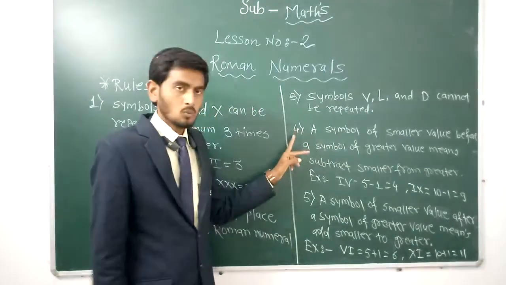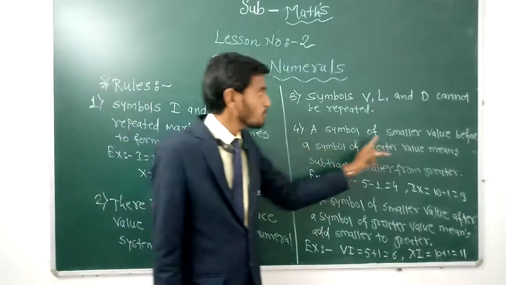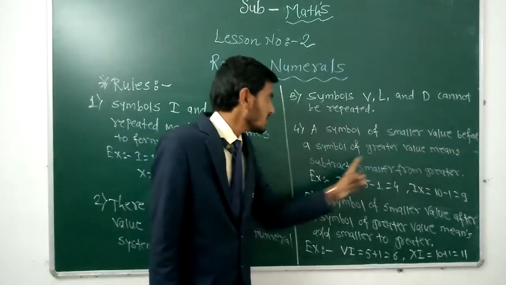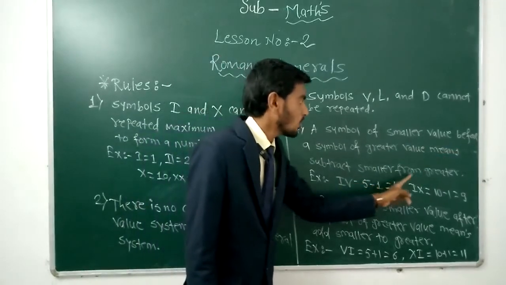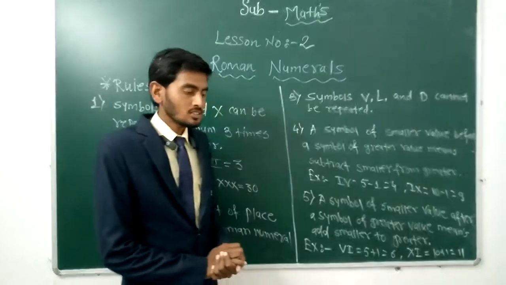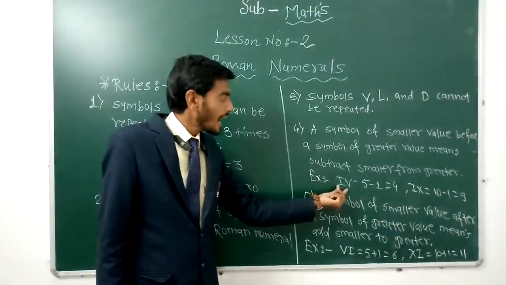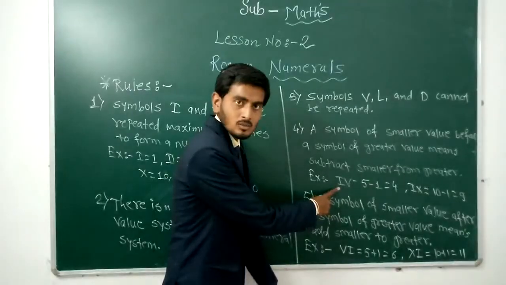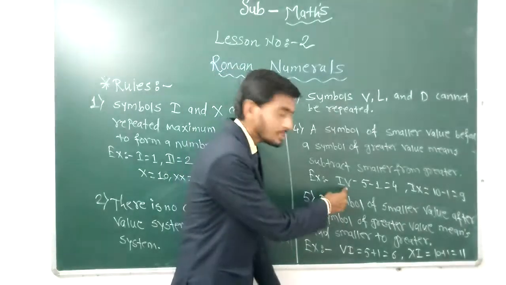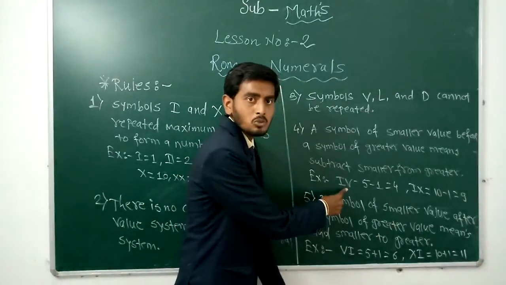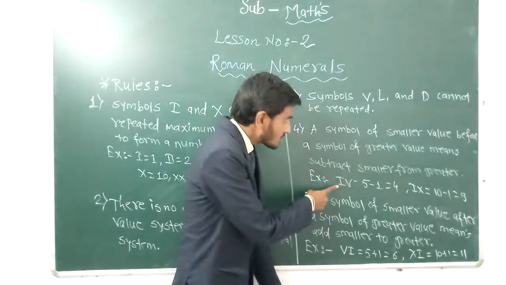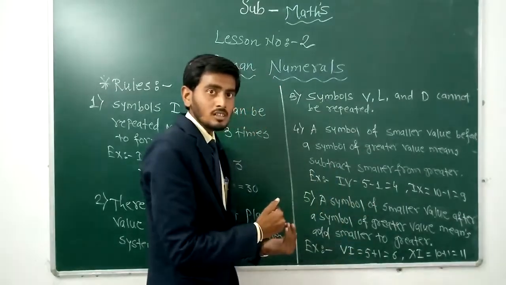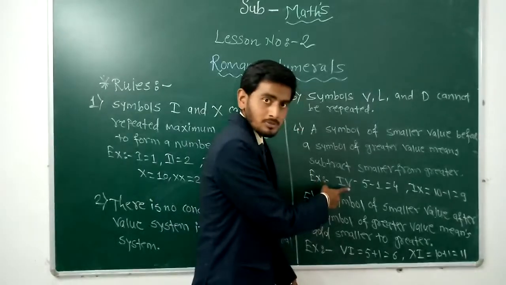Rule number 4. A symbol of smaller value before a symbol of greater value means subtract the smaller from the greater. For example, IV. I represents 1 and V represents 5. The symbol of smaller value is just before the symbol of greater value.